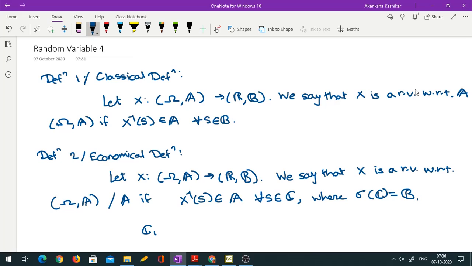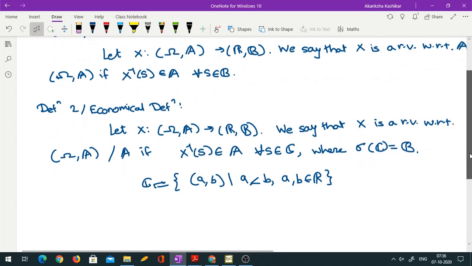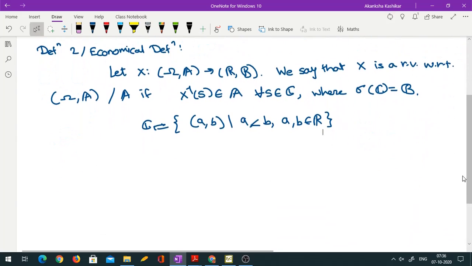So we can take, for example, C as the set of all intervals of the type (a, b), where a is less than b and a, b are in R. In fact, we can take any of the 8 types of intervals. We know that the classes of each of these 8 types of intervals generate the Borel sigma field.